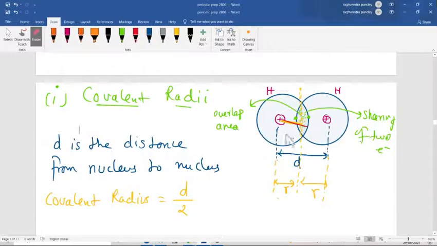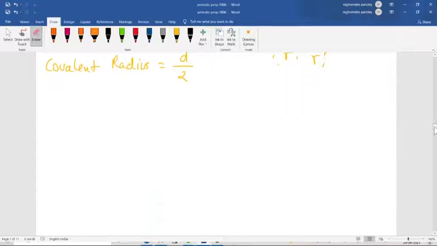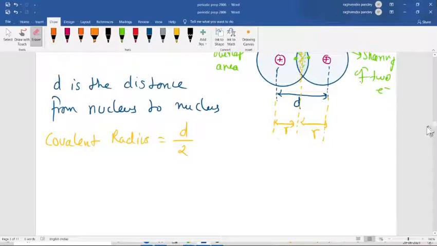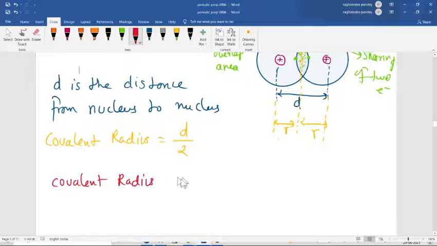That's why the covalent radius is always smaller than the original radius. We don't know how much smaller because we don't have that much technology. So always remember that covalent radius is smaller than the original radius.